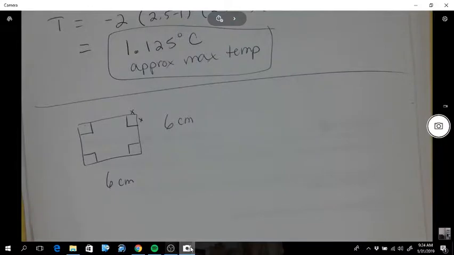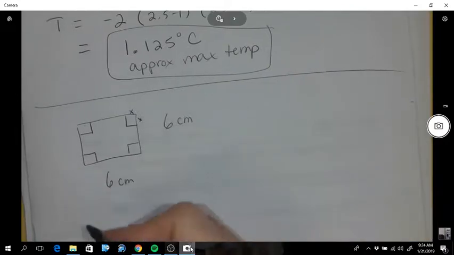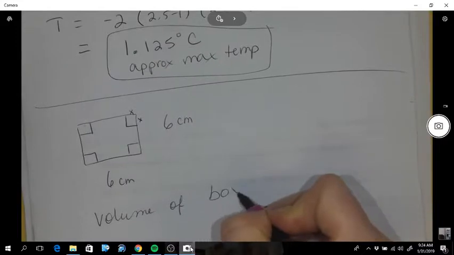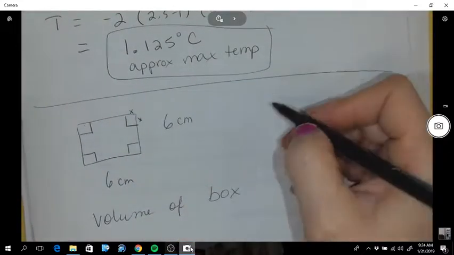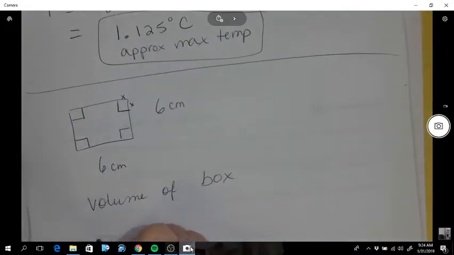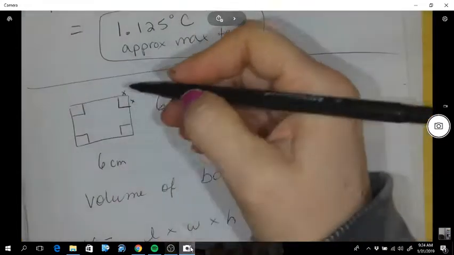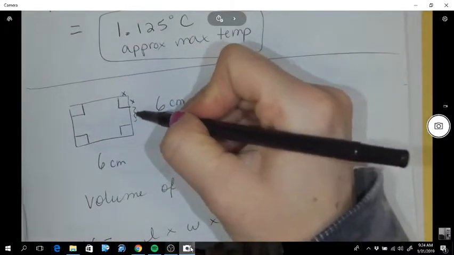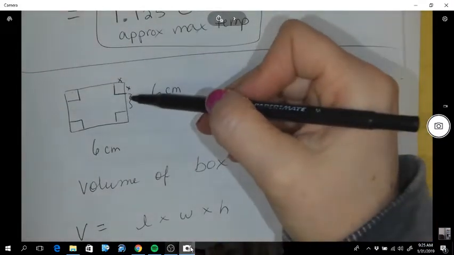Okay, so let's talk about the volume of this box that we create. Okay, can you visualize it? Cut those, fold that up. Okay, so the volume equals length times width times height. Okay, so this box would now have that as a dimension for length and width.